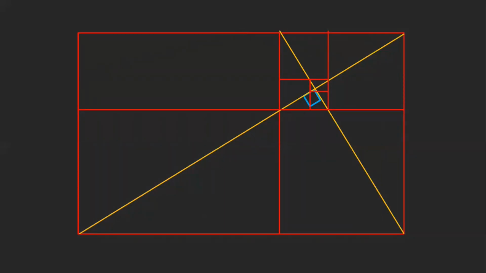These divisions of the picture plane into proportionally smaller and smaller parts represent a harmony of proportion that we've been attuned to through nature to appreciate.